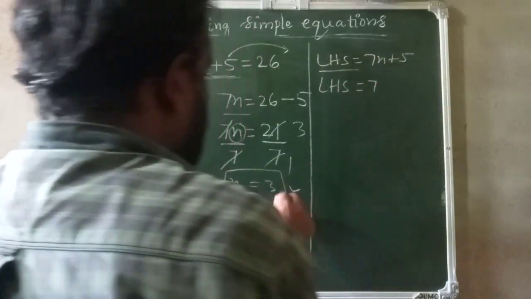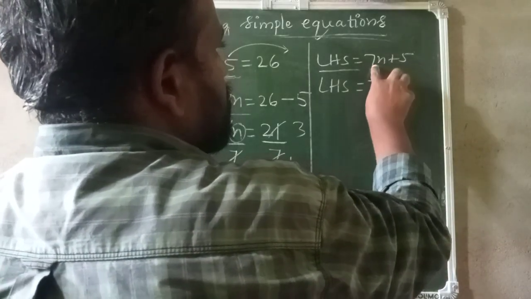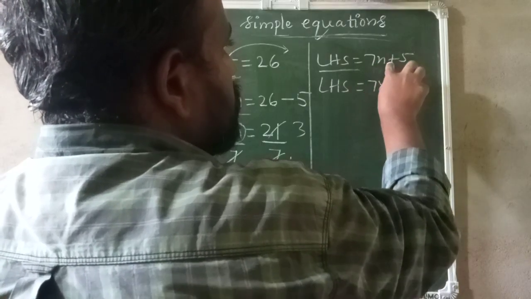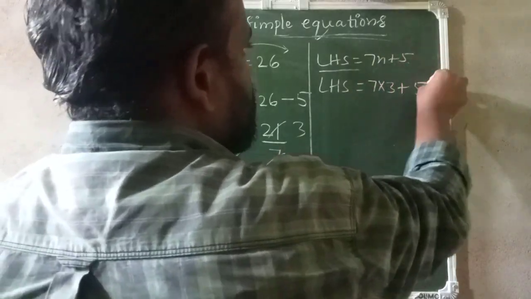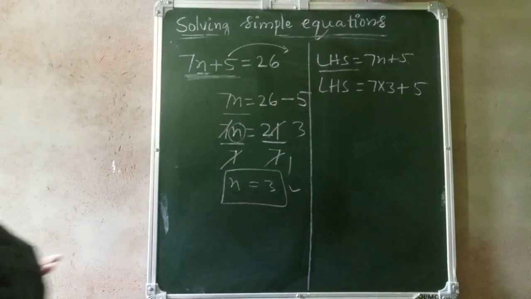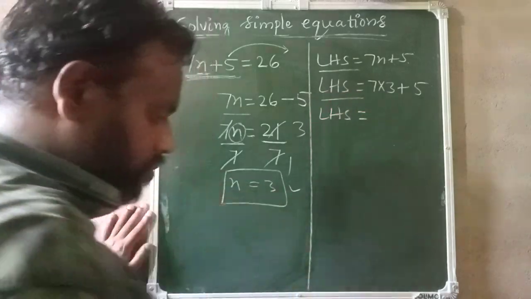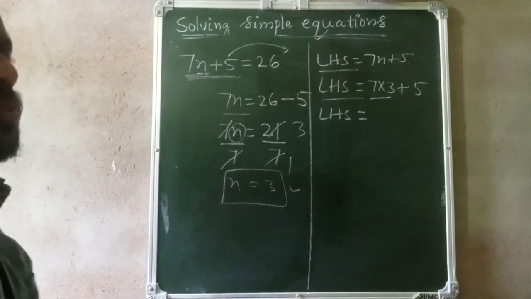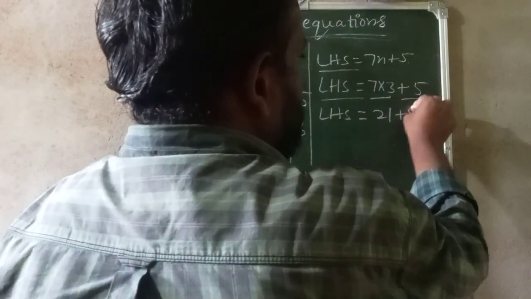In place of n, we have to substitute 3. Before that, 7n is like 7 into n. See, in between 7 and n there is a multiplication sign. That's why I wrote into. So in place of n, you write 3, plus 5. So next step, write this LHS is equal to, now 7 into 3. 7 threes are 21. 21 plus 5.